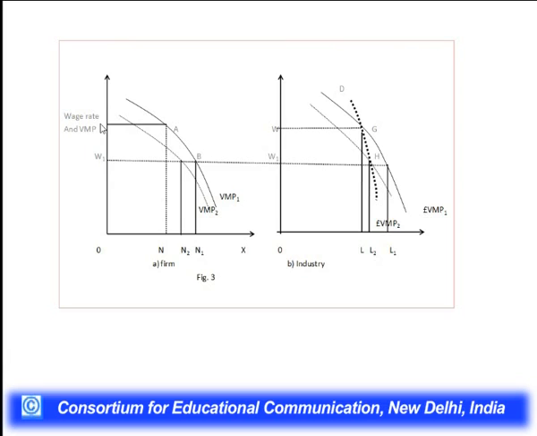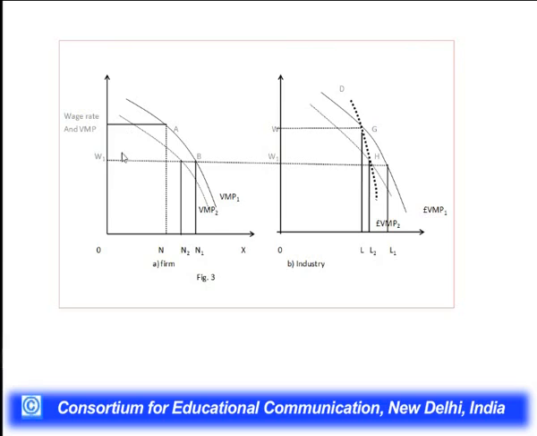When the wage rate is OW, then demand for labor is ON. And when the wage rate falls, we will see what is the demand for factor by the industry as a whole, and that is the summation of value of marginal product curves, that is summation VMP1. So at OW, demand for labor by the industry is OL.